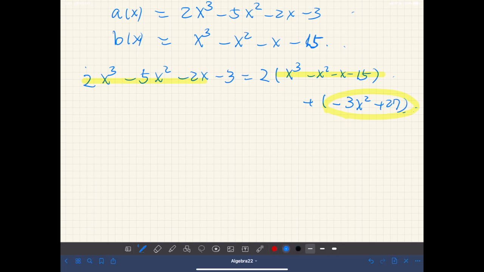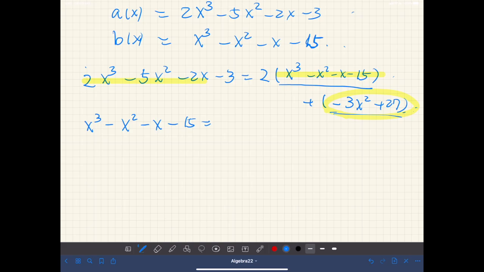Next, we divide this one, B, by the remainder. So that is x cubed minus x squared minus x minus 15.